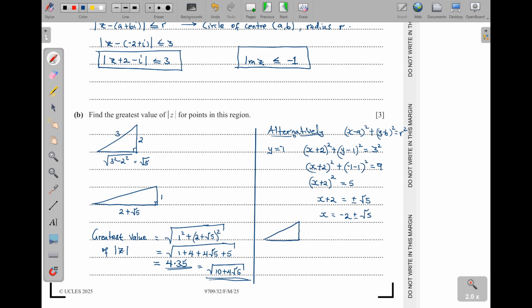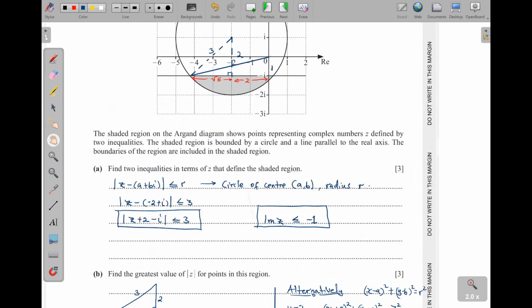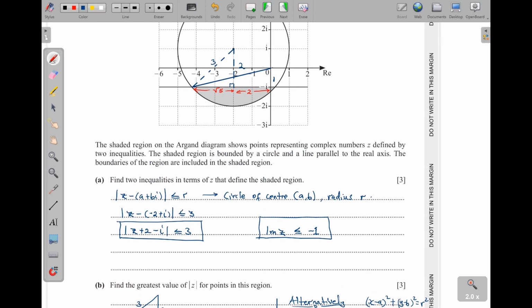You have one x value, which is negative 2 minus root of 5. When you look at this one here, the negative 2, remember, it is on the left here. So that is negative 2 here, then minus root of 5. So this is the whole thing.